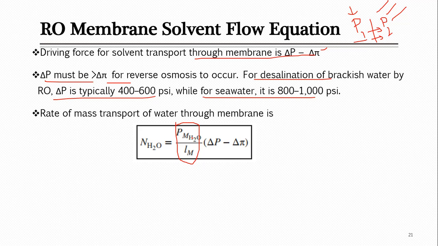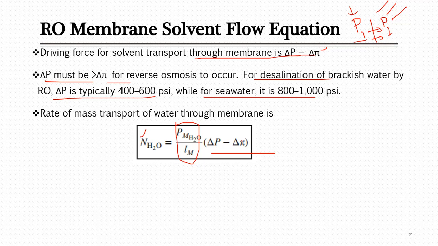That component is here water, so this will be the molar flow rate of the water, this will be the permeability of water through the membrane, then there is the thickness of the membrane, and this is the driving force, delta P minus delta pi.